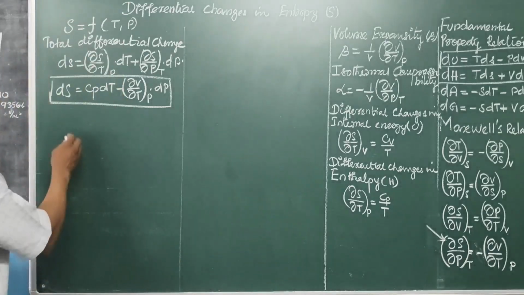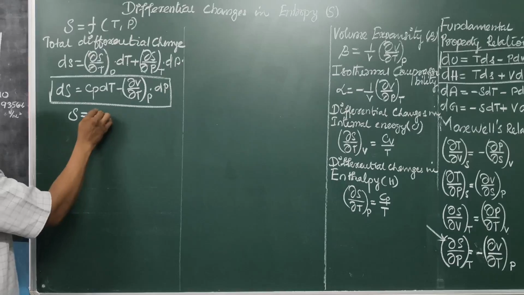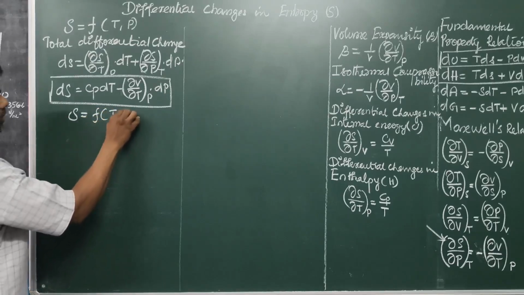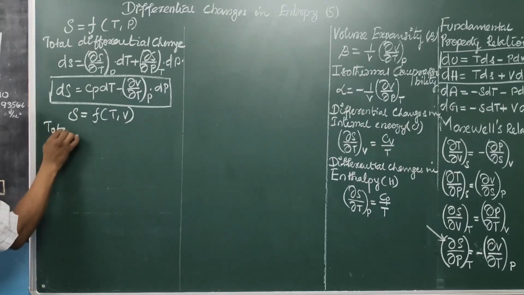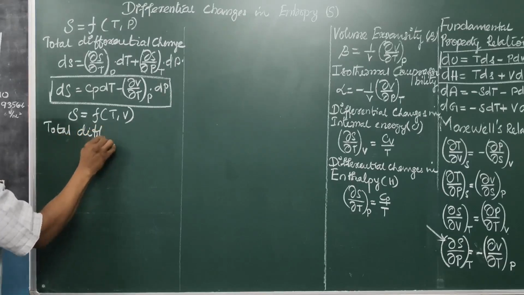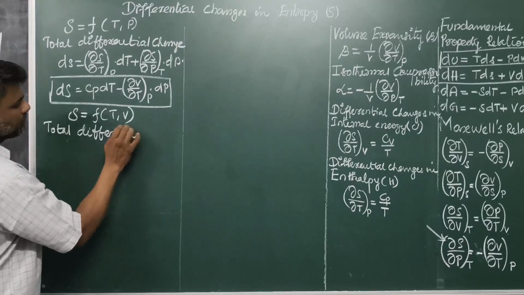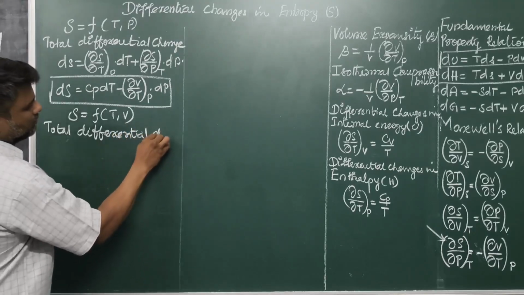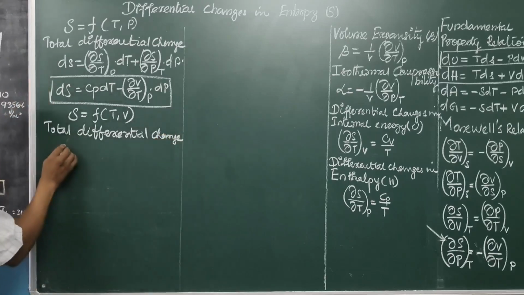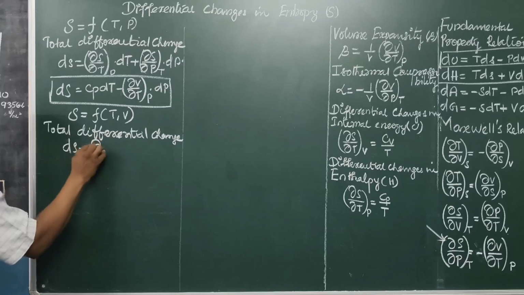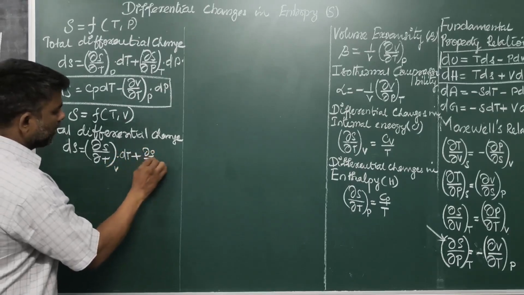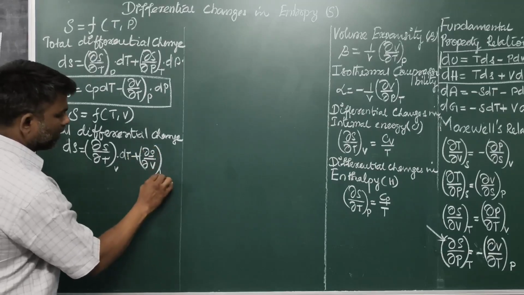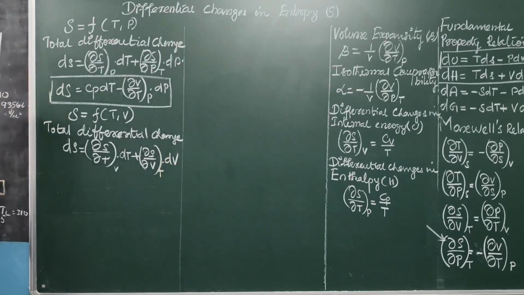Next, again I am going to assume that entropy is a function of temperature and volume. The total differential change ds is equal to dou s by dou T at constant volume into dT plus dou s by dou V at constant temperature into dV.